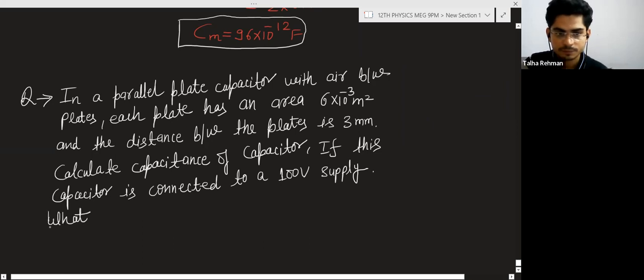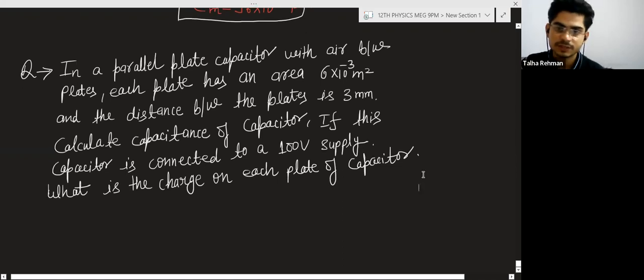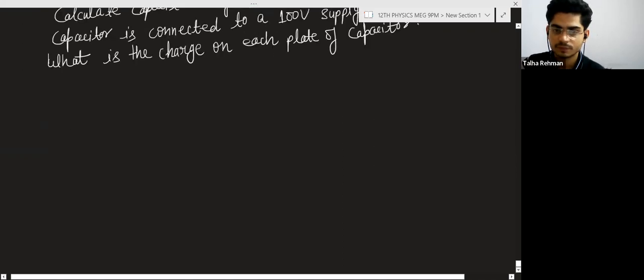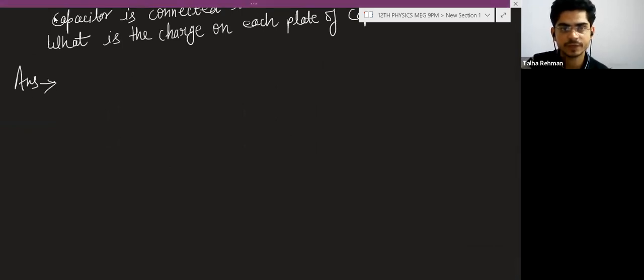What is the charge on each plate of the capacitor? If you have any problem, you can write in the chat box. So this is the question, and now what is happening?